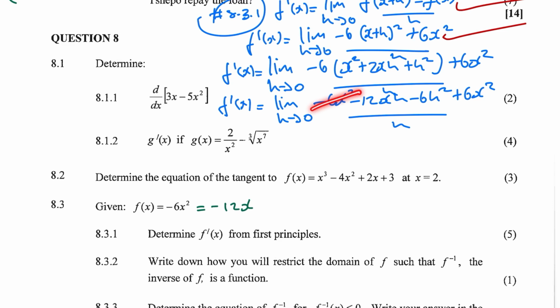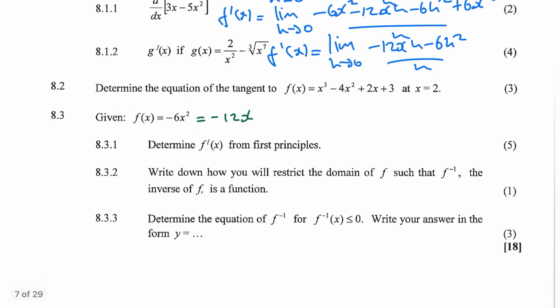And now you're going to see negative 6x squared plus 6x squared is equal to 0. So this and this is equal to 0. So what do you have? You have negative 12xh minus 6h squared, over h. And then you see you have a common factor, which is h. So you can factor that out.